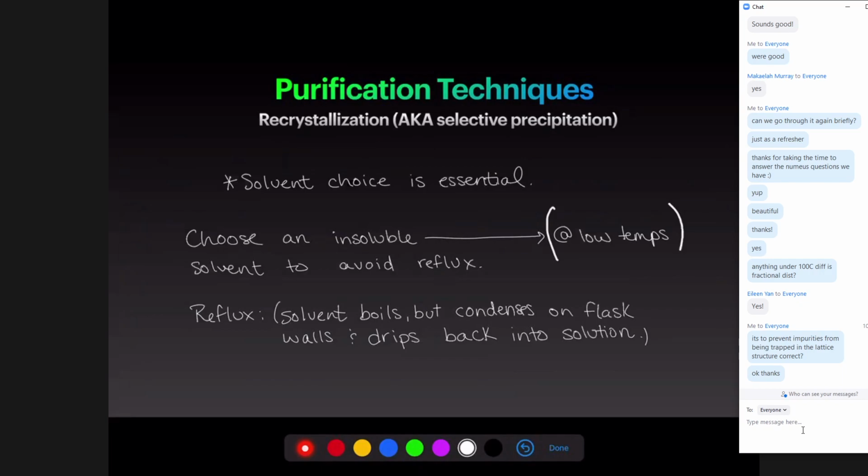Reflux occurs when the solvent boils but condenses on the flask walls and drips back into solution. So that's counterproductive to your recrystallization process.